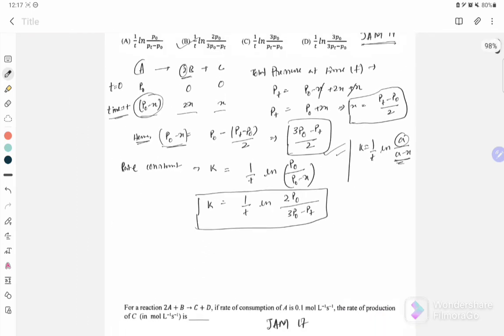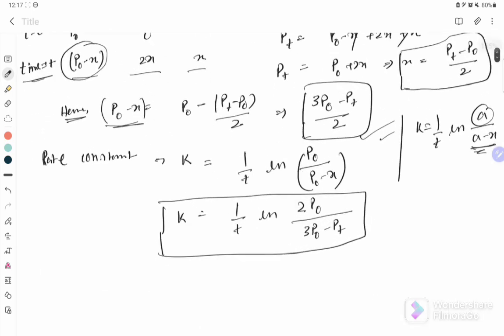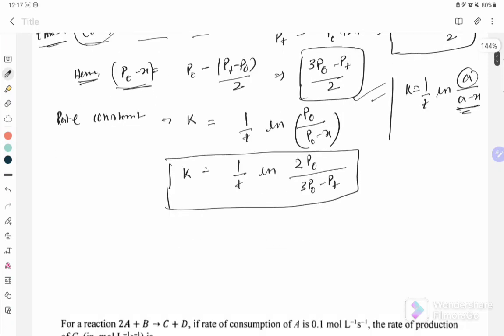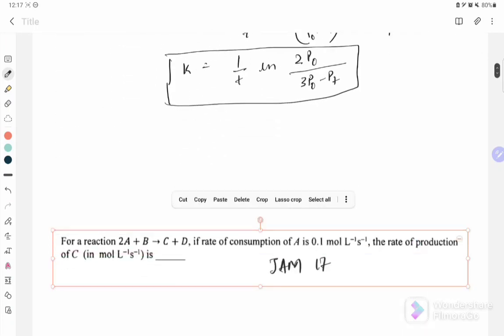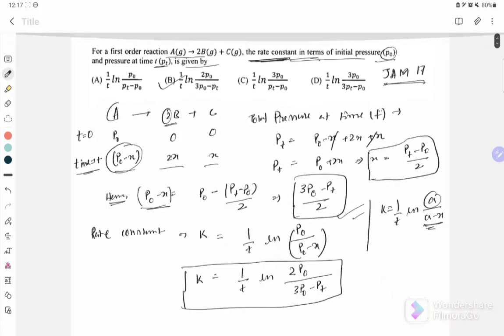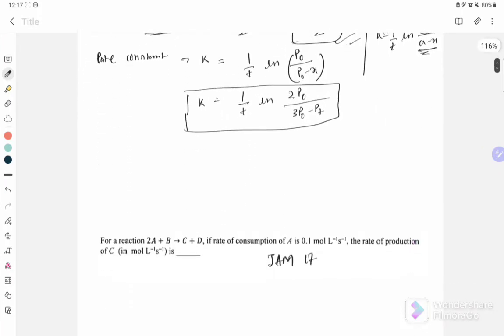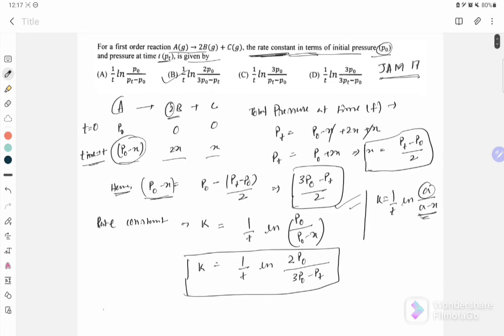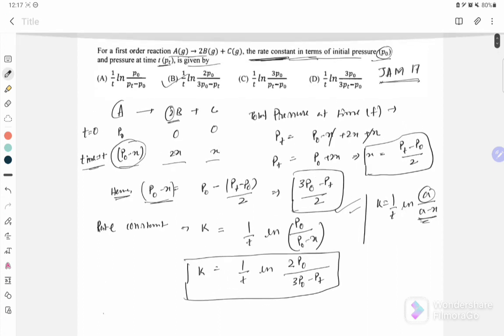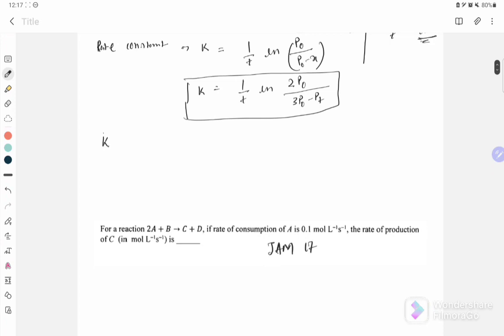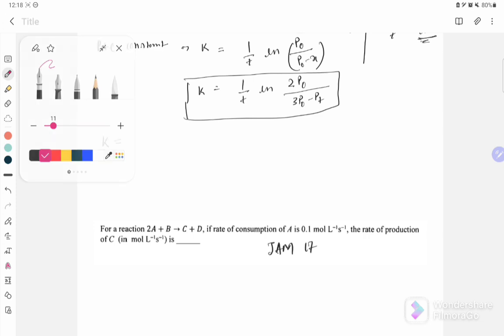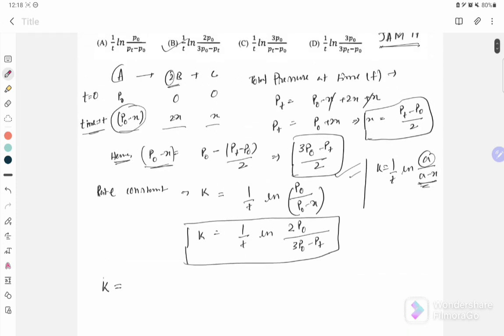So this is the whole process, but if there is a short trick for this question, you can remember that also. What will be the short trick? Just understand the concept only.